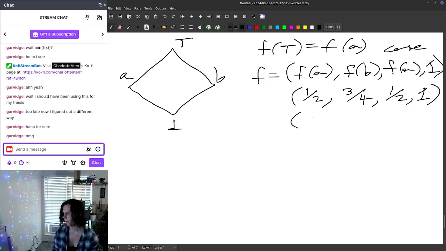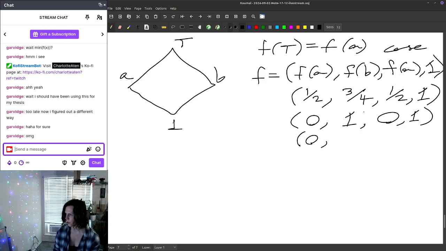The smallest thing I can choose for f of A would be 0, and then I could choose anything that is greater than or equal to 0. Maybe I'll just choose 1, and then f of A has to be 0, I'd have that.